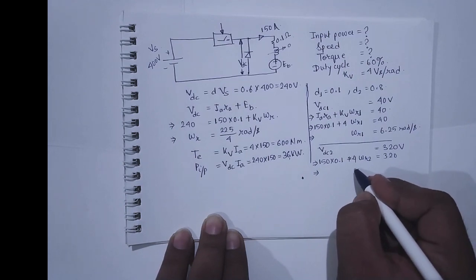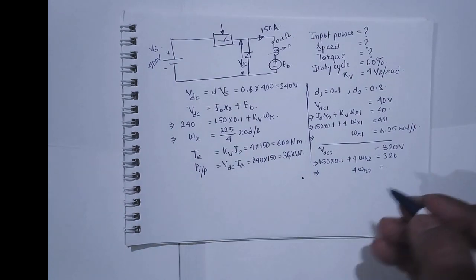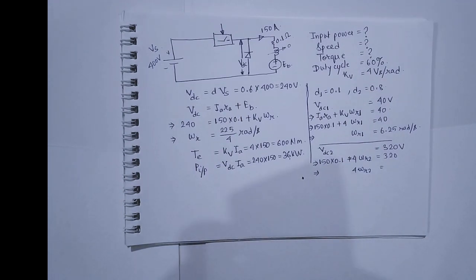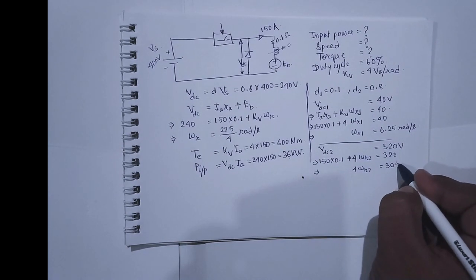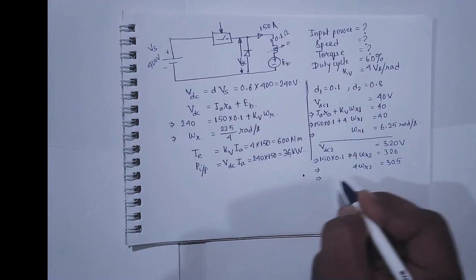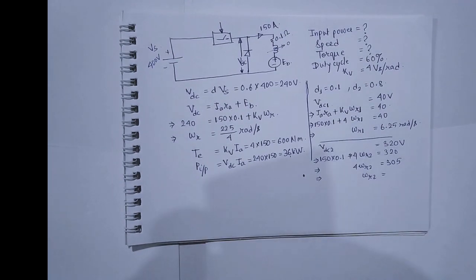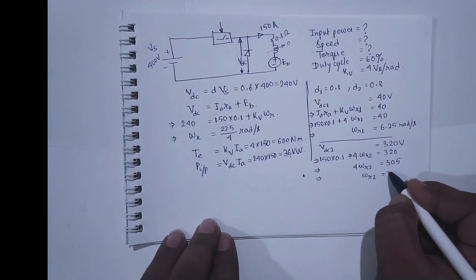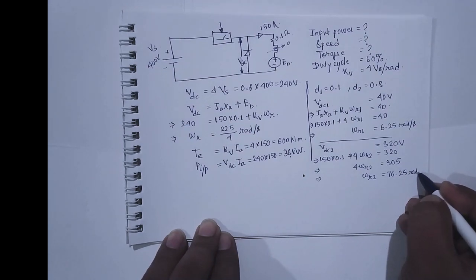So from here 4 omega 2 equals 320 minus 15, that is 305, so omega 2 equals 76.25 radian per second.